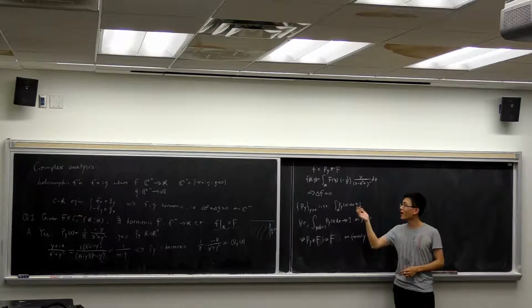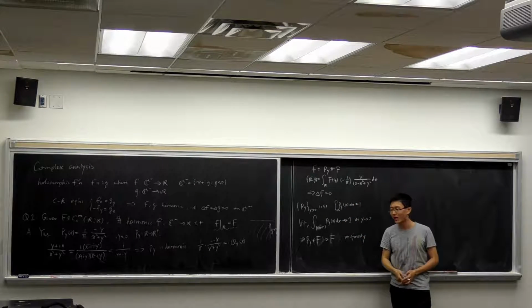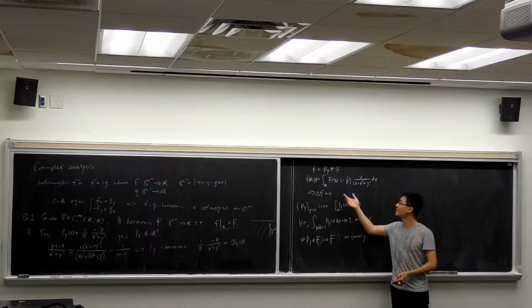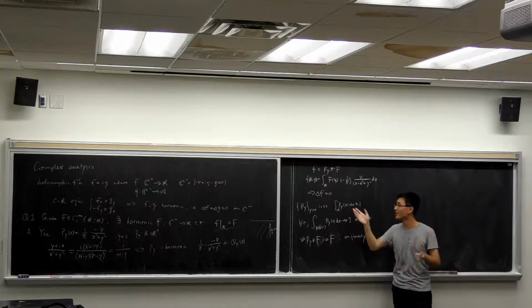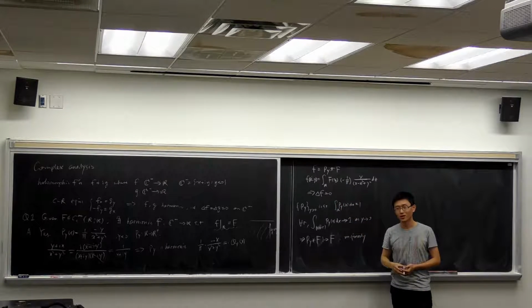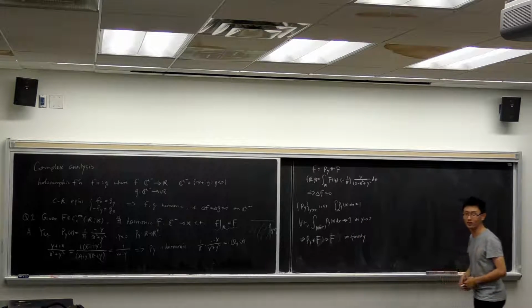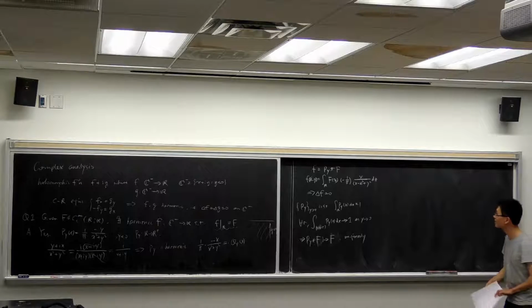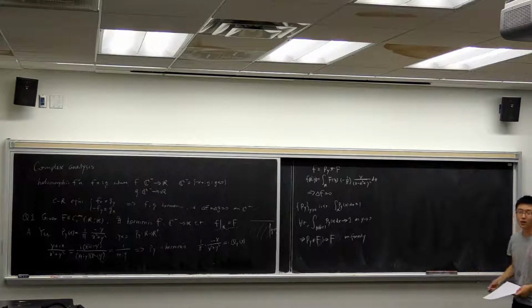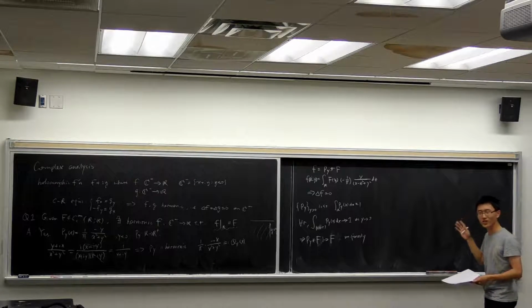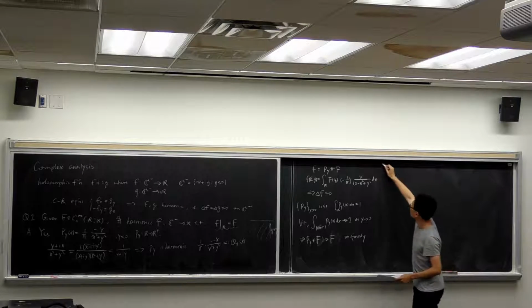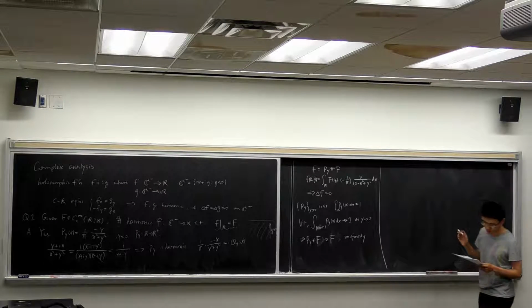As long as your capital F is some function that does not increase too fast at infinity, then this integral will make sense, and then it will be harmonic. Nice observation. I will actually use this observation later. So that's question 1.